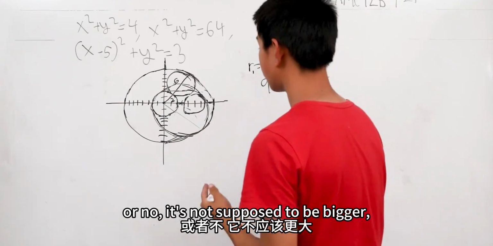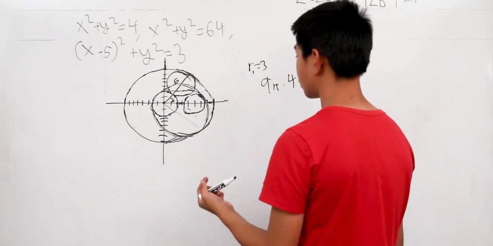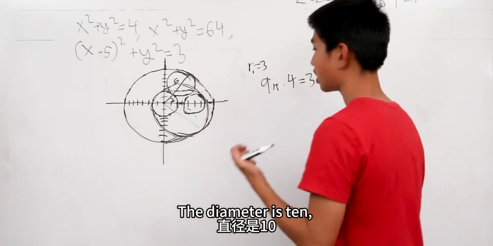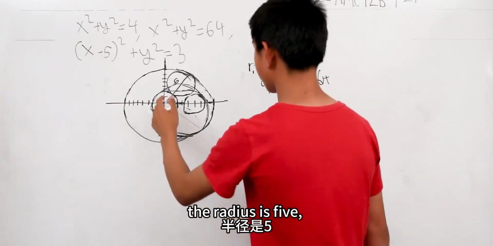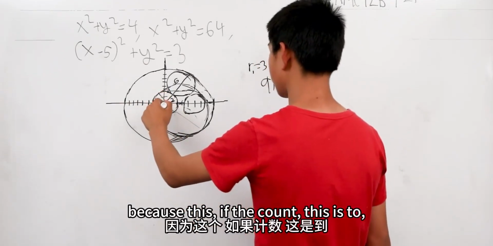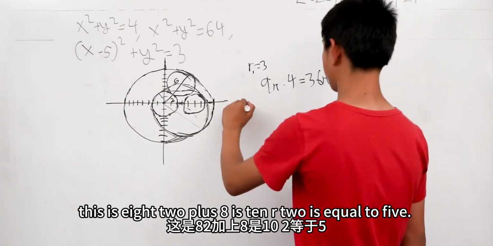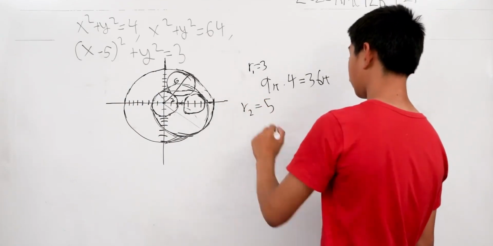Or no, it's not supposed to be bigger. But the diameter is 10. So the radius is 5, because this is 2 and this is 8. 2 plus 8 is 10. So R2 is equal to 5.